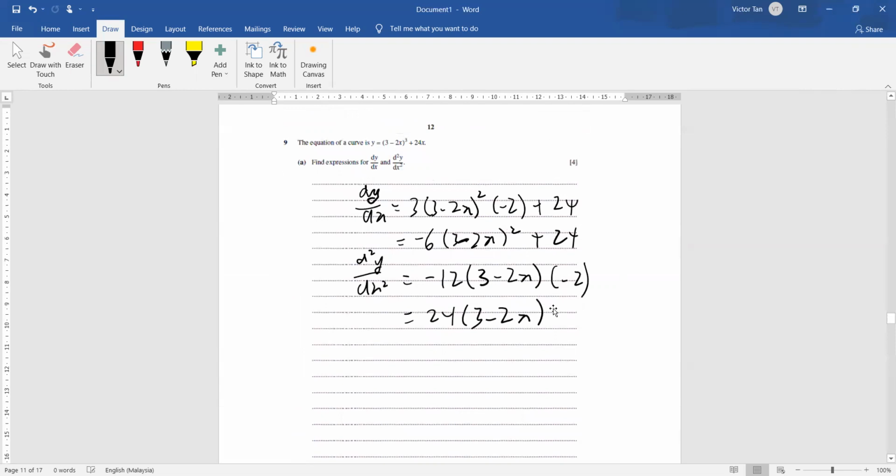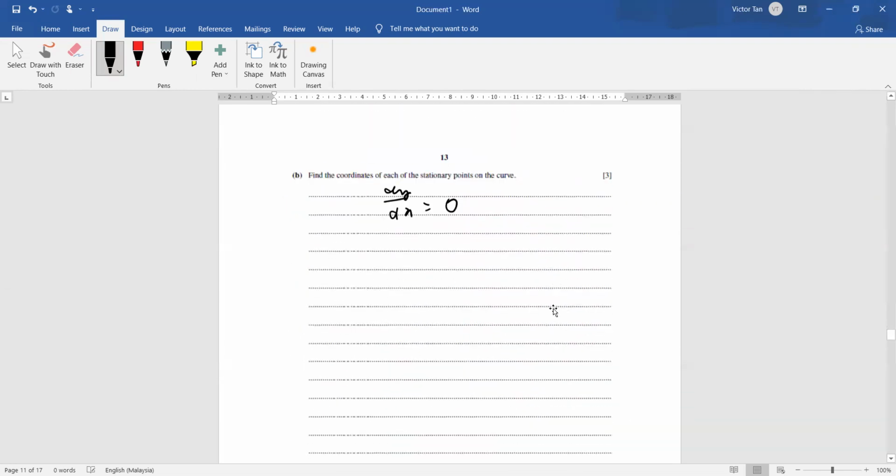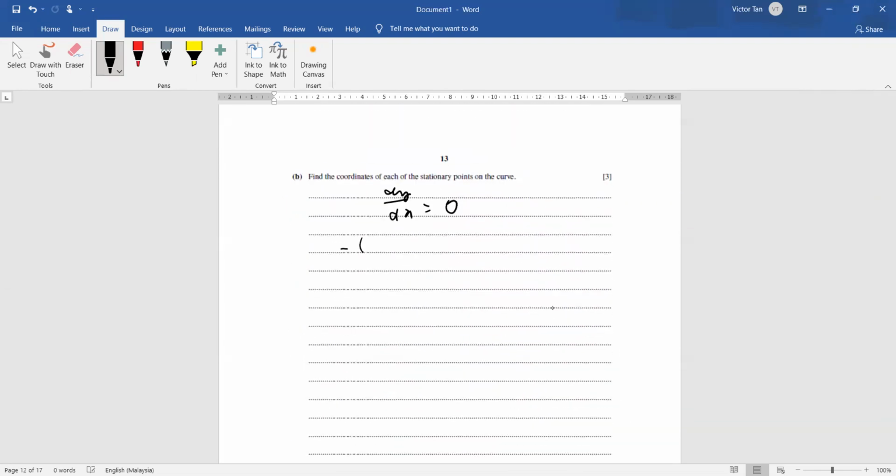So you have minus 6 times 3 minus 2x squared plus 24 equals 0. 3 minus 2x squared equals 4. Square root both sides: 3 minus 2x equals 2, or 3 minus 2x equals minus 2.